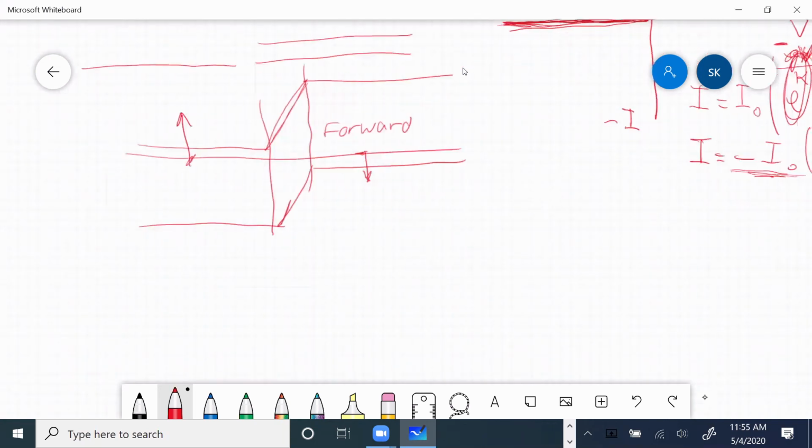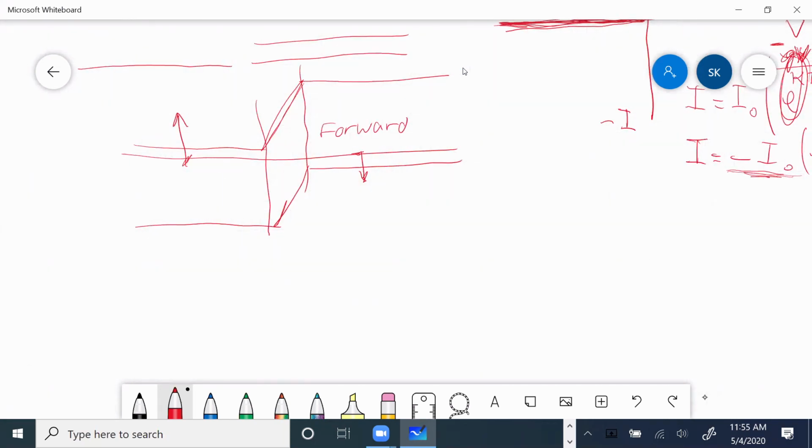Now we want to apply reverse. That means this will go up. That is V reverse.